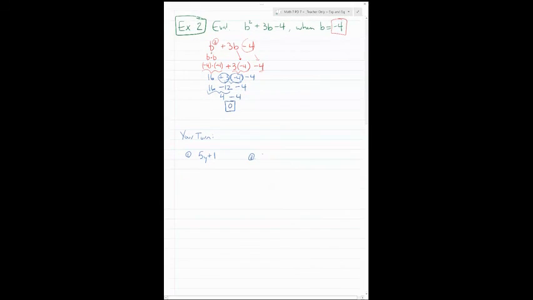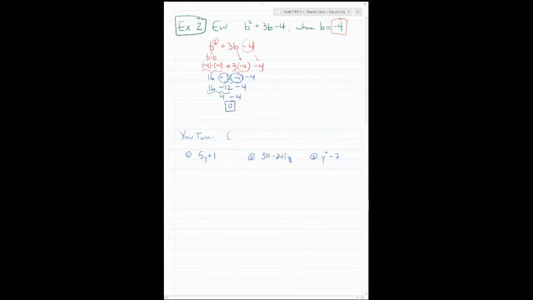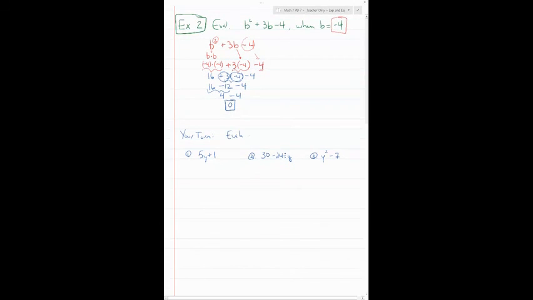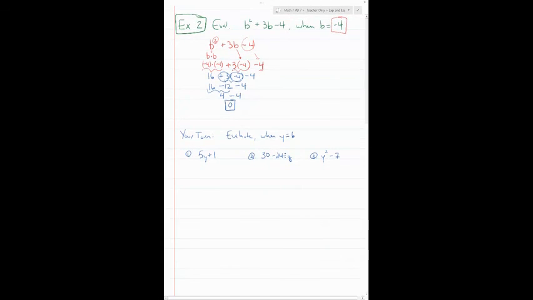Number 2, 30 minus 24 divided by y. And number 3, y squared minus 7. And we're going to evaluate all of these when y is equal to 6. So y will be equal to 6 in all 3 of those. Go ahead and hit pause, and good luck.